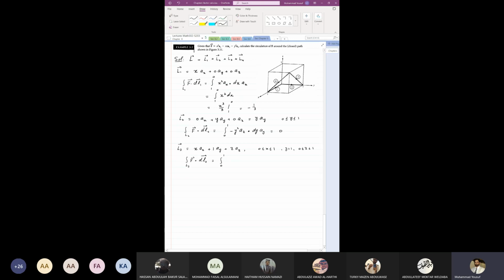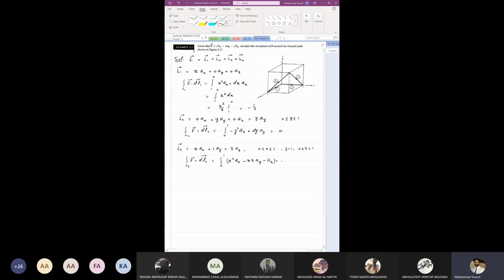When y is equal to 1, what vector field is left? The vector field is x square ax minus xz ay minus y square az. y is 1, so minus 1 az.